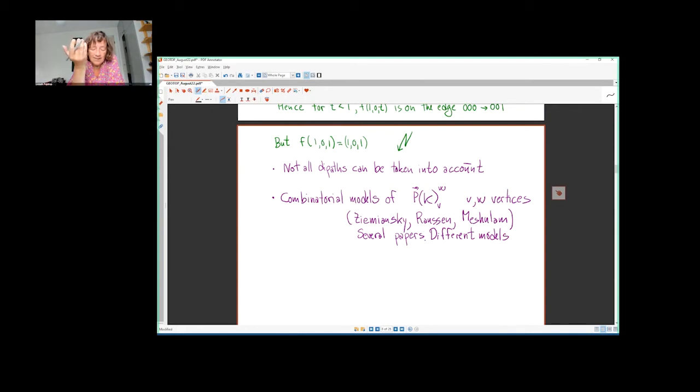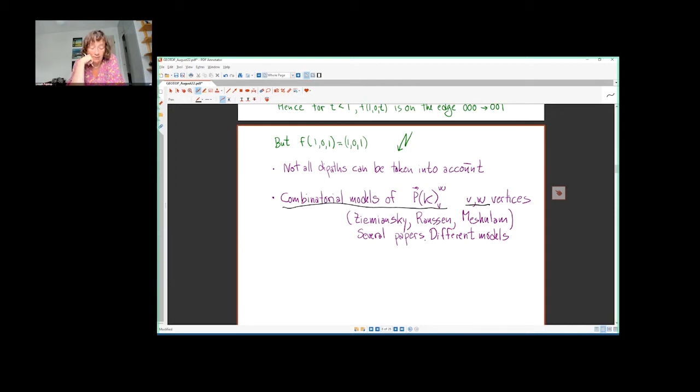So the idea is now that we should instead also look at combinatorial models of the path spaces. And we should only look at paths that start in vertices. Because we're looking at discrete things, we want some combinatorial models of the path spaces. And there are lots of those around.